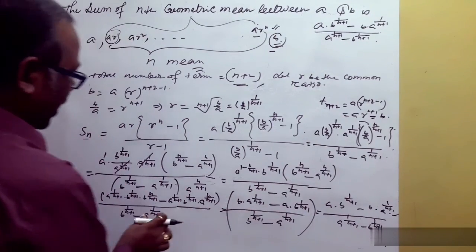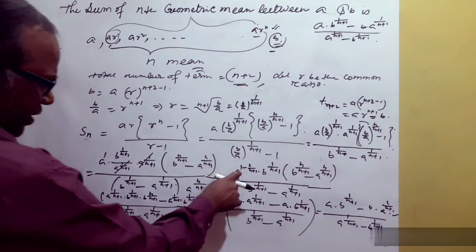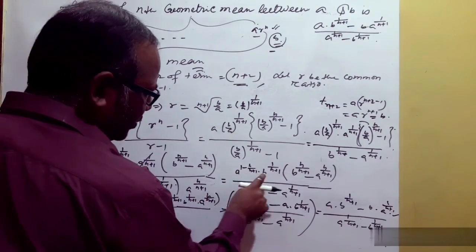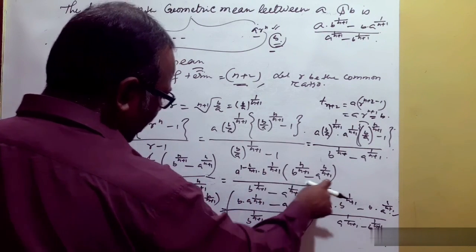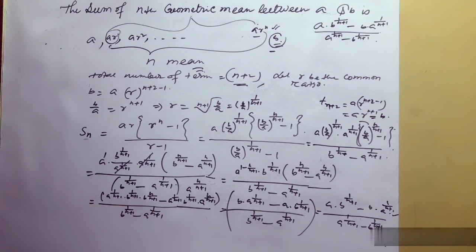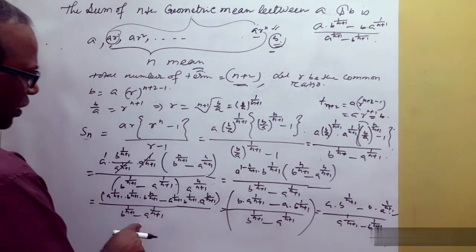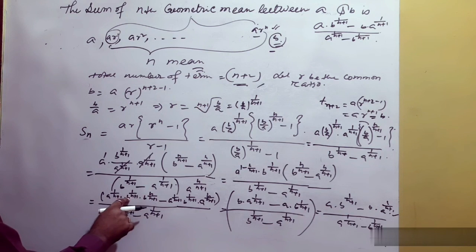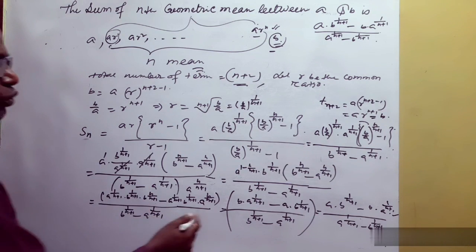In the first bracket, multiply a to the power 1 by n plus 1 with a to the power 1 by n, and b to the power 1 by n plus 1, multiplying these two terms. So we got this, divided by b to the power 1 by n plus 1 minus a to the power 1 by n plus 1. If we add these two, the base b is the same, so b to the power 1 by n plus 1 and b to the power n by n plus 1, the power of b here is 1.